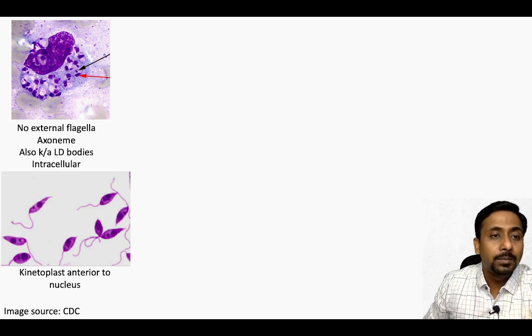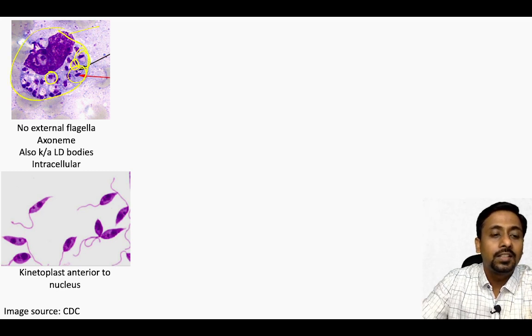So let's start with the first image. In this image, a small rounded to ovoid structure can be seen. These rounded structures are present inside a cell.